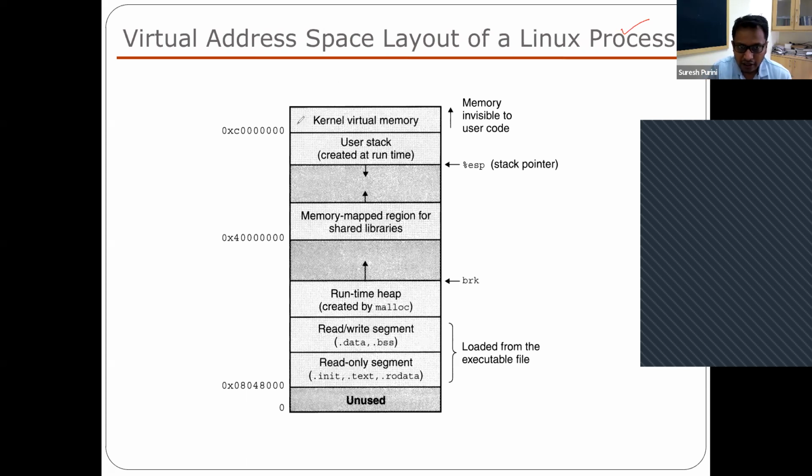You can see that part of the process memory layout contains space for the instructions and data structures associated with the operating system. Kernel memory means the operating system instructions and data structures are present in that space.